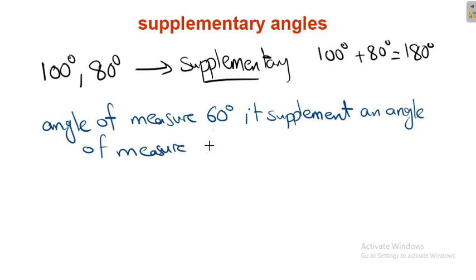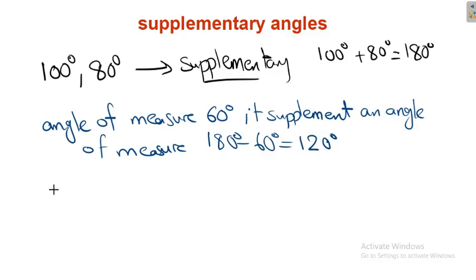Supplements means that the other angle plus the first one, their summation is 180. One is 60, the other will be 180 minus 60, it will be 120, and that's it.